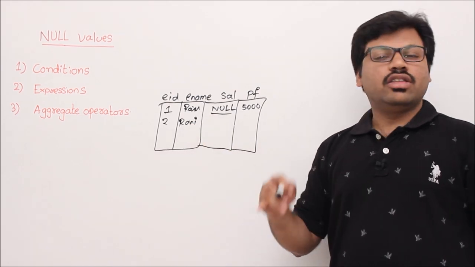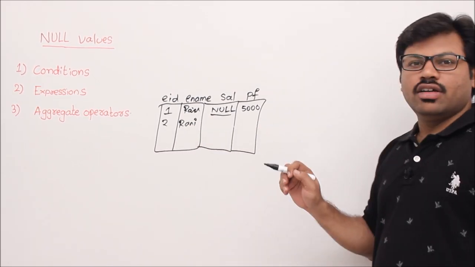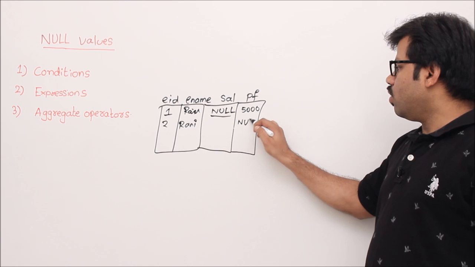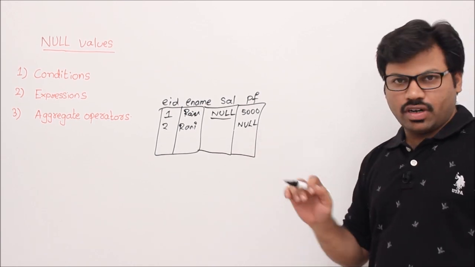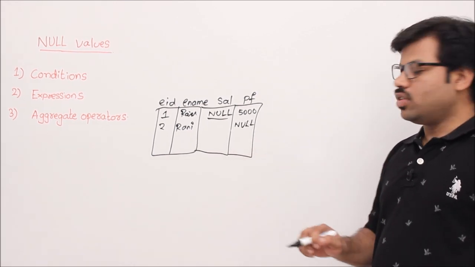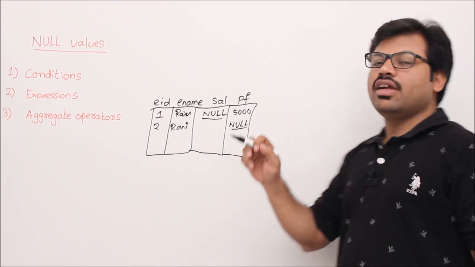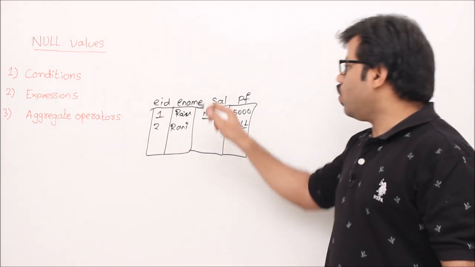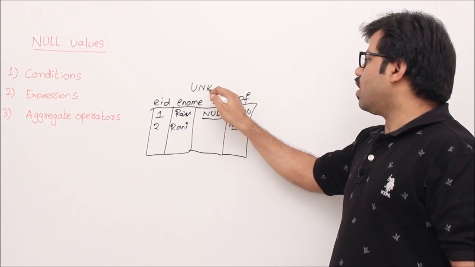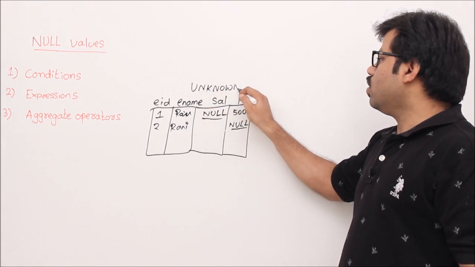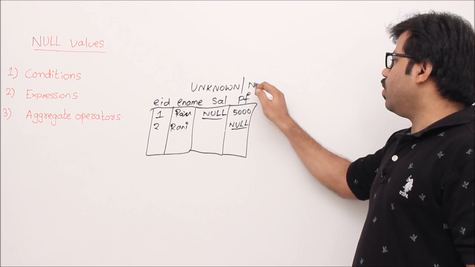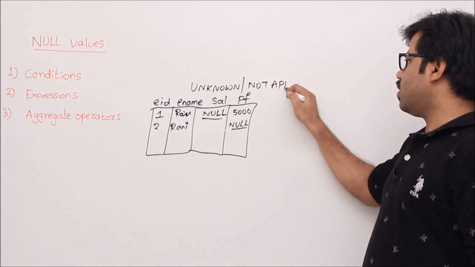For her there should not be any provident fund, so provident fund is not applicable for her. I write null. So there are generally two reasons people write null values. One is unknown value, that means the value is not known. The second reason is not applicable.